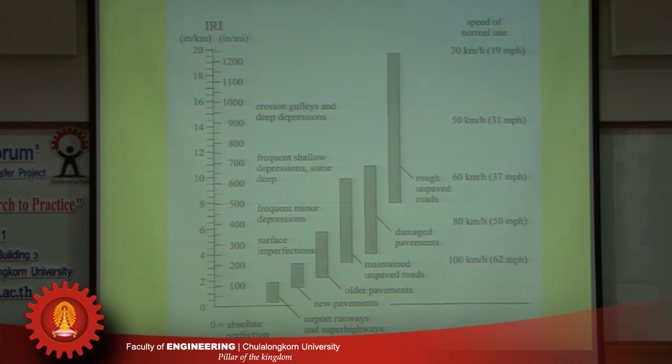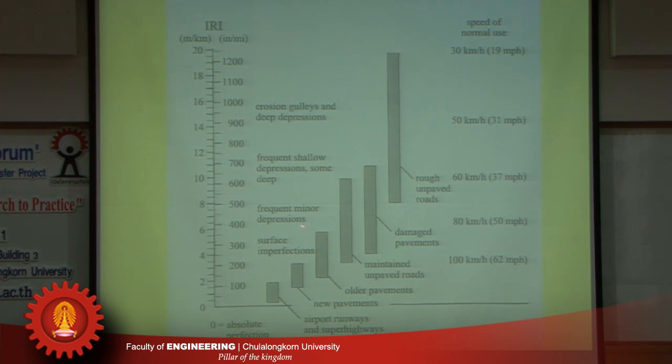Okay, this plot shows the meaning of the IRI. For newly constructed pavement, the IRI should be in this range, about from 100 to 250 inch per mile, or in terms of the metric unit, about 1.5 to about 3.5 meter per kilometer.